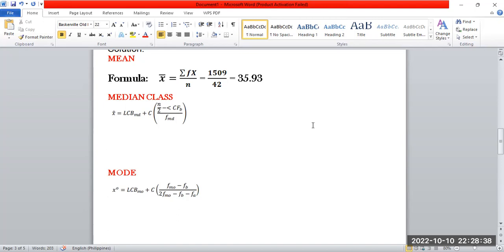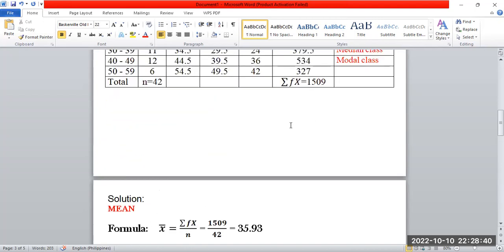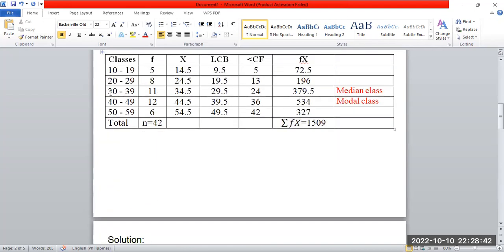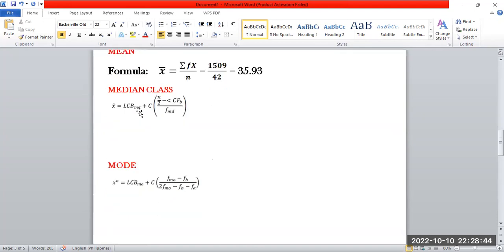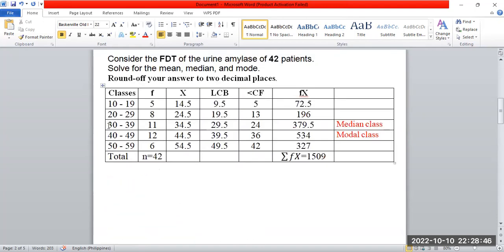So looking back at the table, this is our median class. And our n is equal to 42.